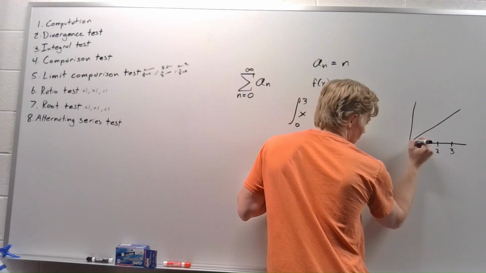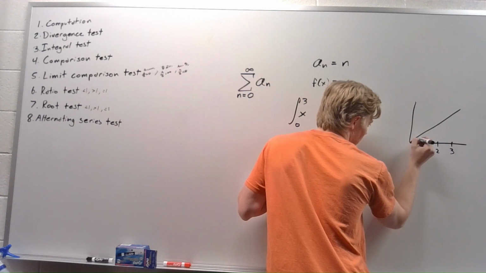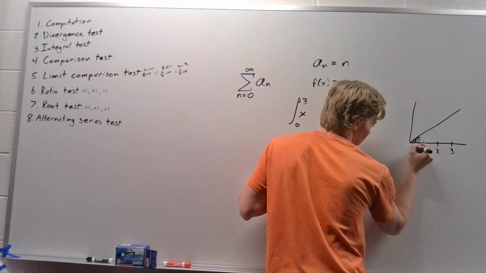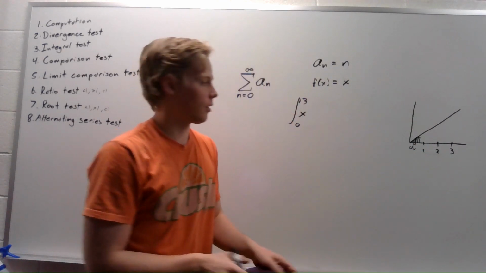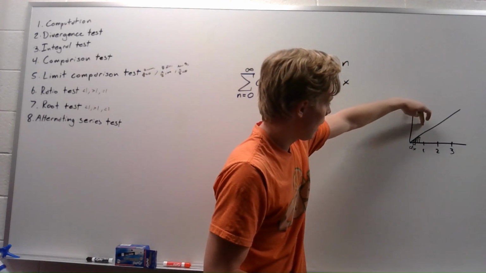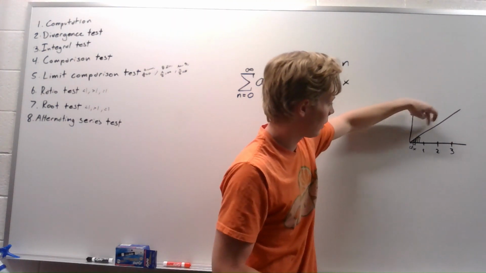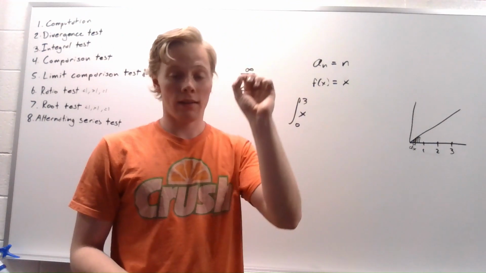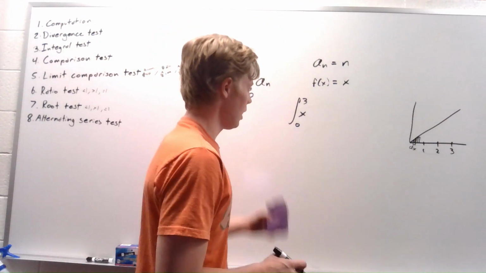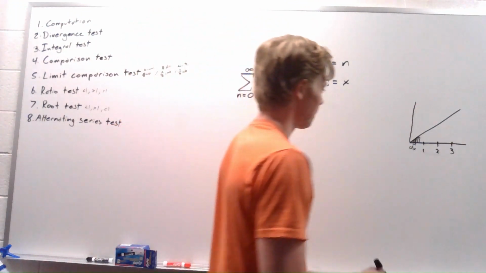And the way you do that is you take these microscopic little rectangles, each of which have a width of dx. So you take whatever the function is at that point, like 1.5, and you multiply it by the width of the rectangle to give you the area of that rectangle. Then you add all those rectangles up.